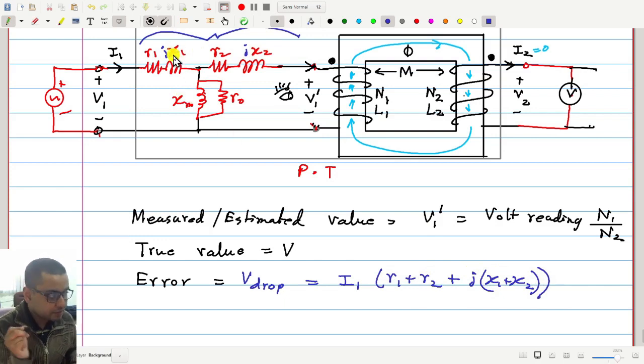Sir, near the AC source on the left hand side, should it be V or V1?